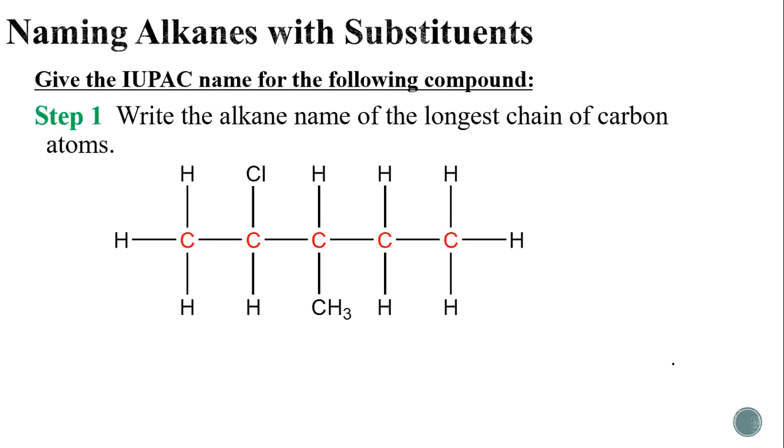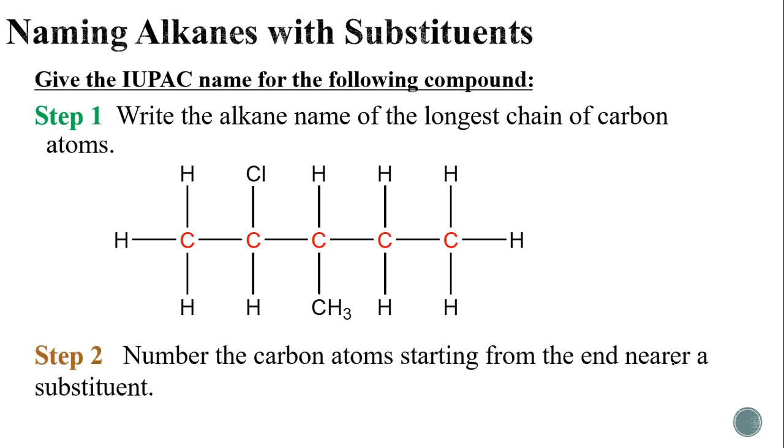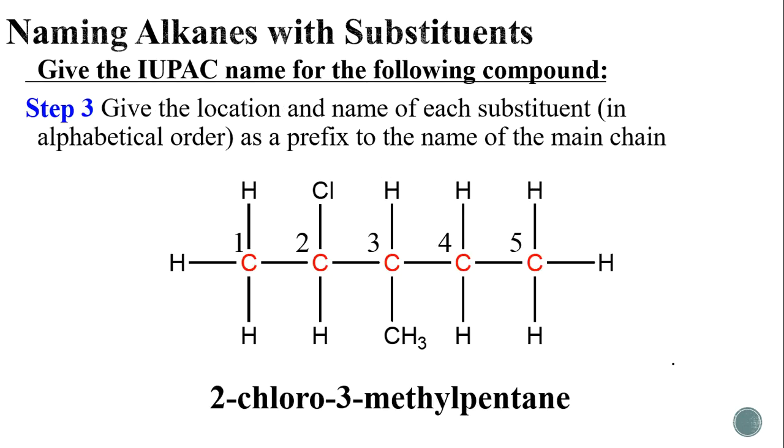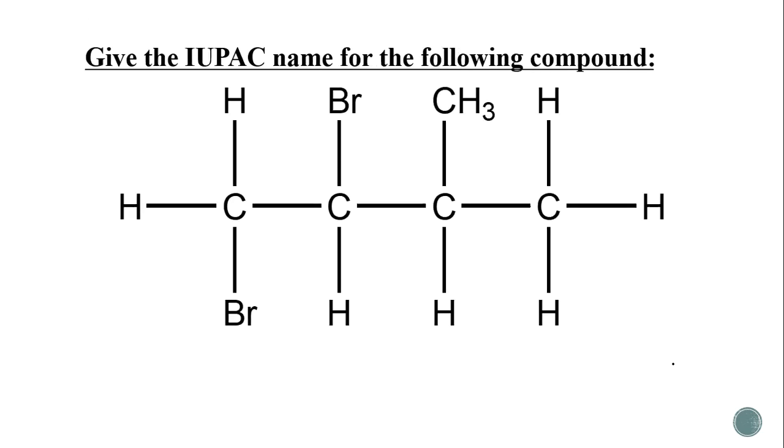So step by step, I go through this: write the name of the longest chain, number the carbons, and then give the location. Okay. So go ahead and pause the video and see if you can get the name of this guy.